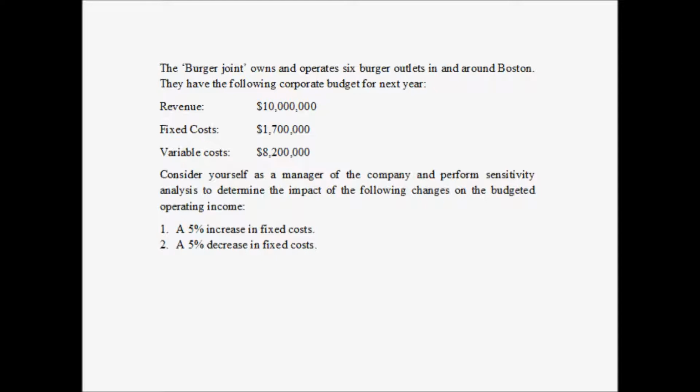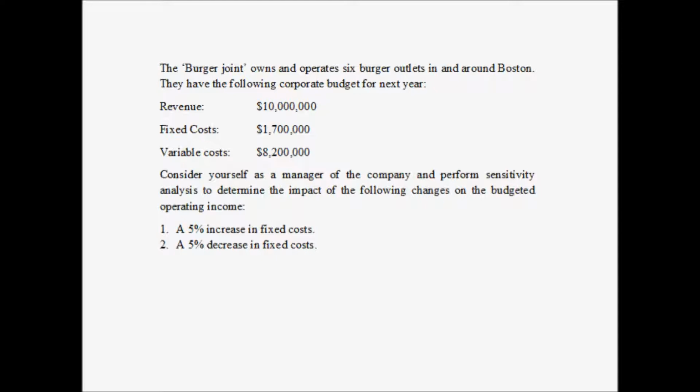So basically, based on the revenue, fixed cost, and the variable cost, there is a budgeted operating income for the next year. Now you, being a manager, want to perform a sensitivity analysis to determine what will be the impact on this budgeted operating income if, number one, the fixed cost increases by 5%, and second, the fixed cost decreases by 5%.